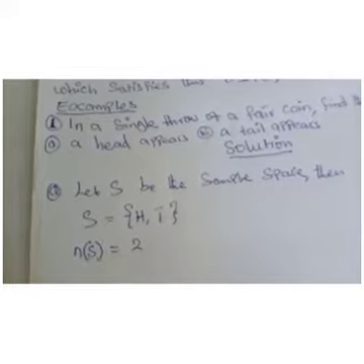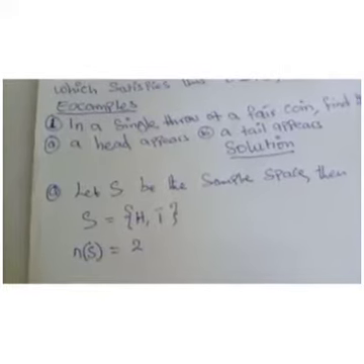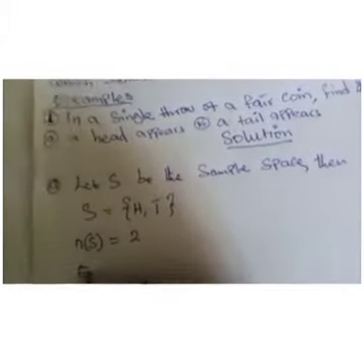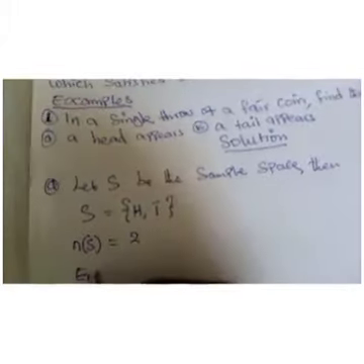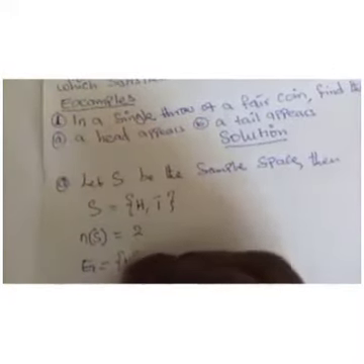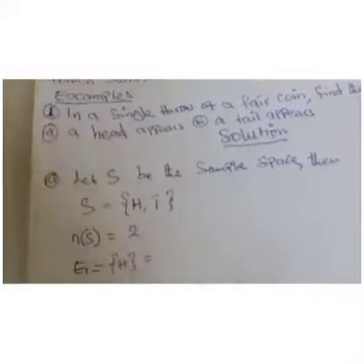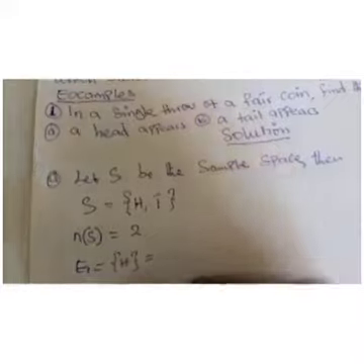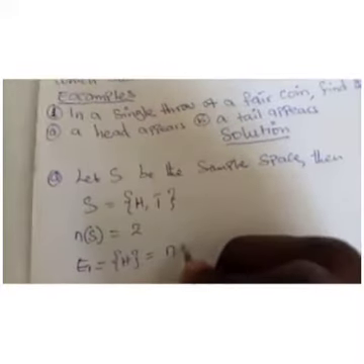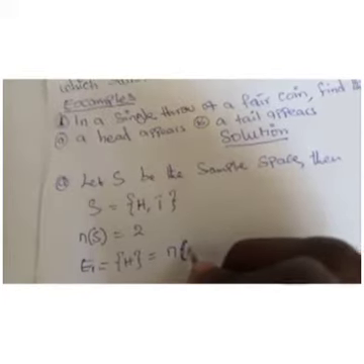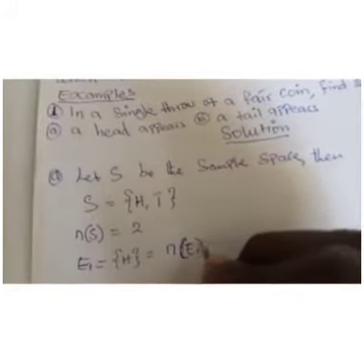So for event 1, which says the head will appear, the number of event 1, n of event 1, is equal to 1.